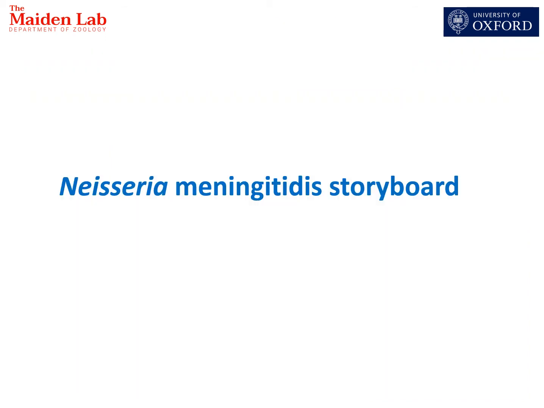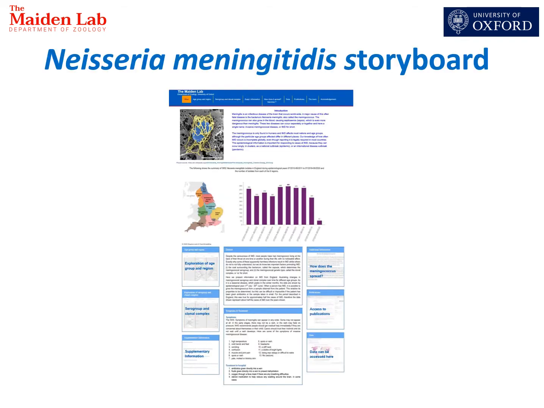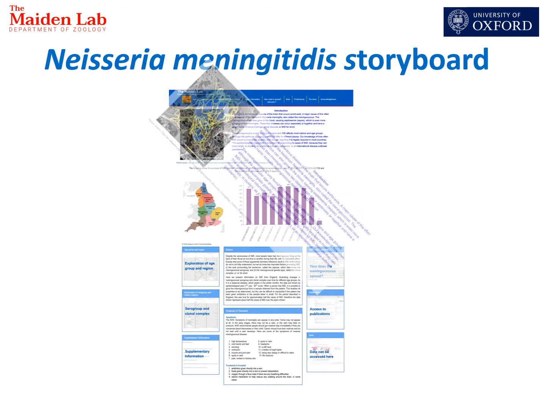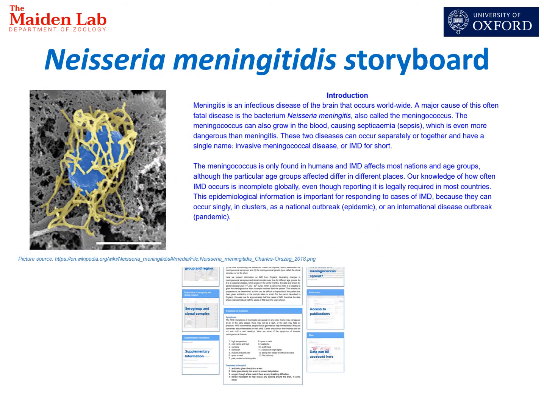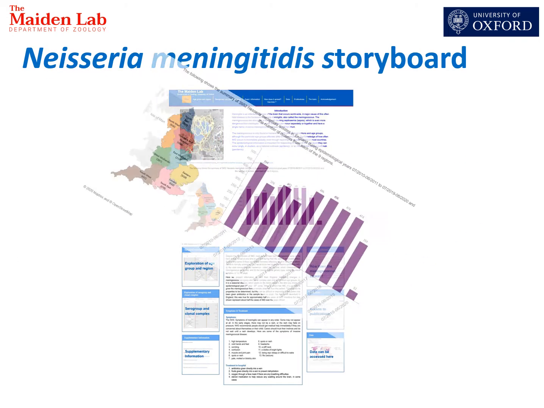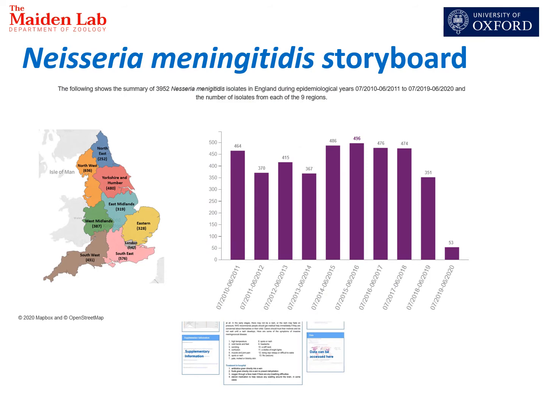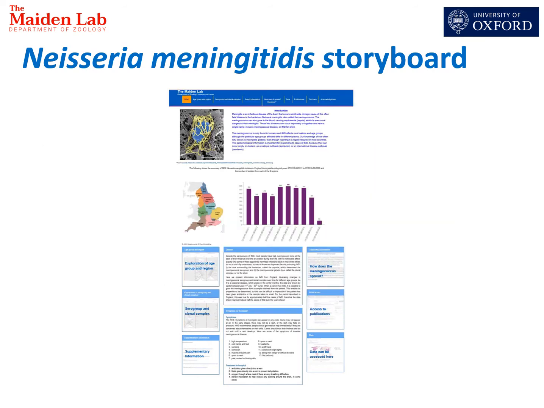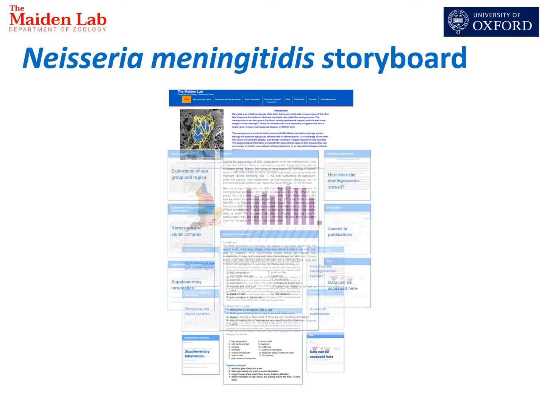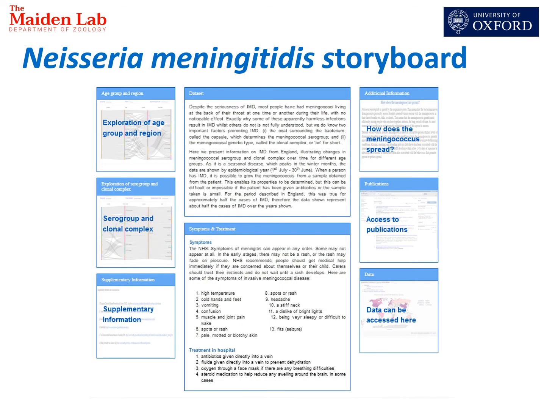Now let us look at our Neisseria meningitidis storyboard. Once again, the top panel provides an introduction. The middle shows the summary of the geographical and temporal information for the data from PubMLST. And once again, here are the information and exploratory panels.